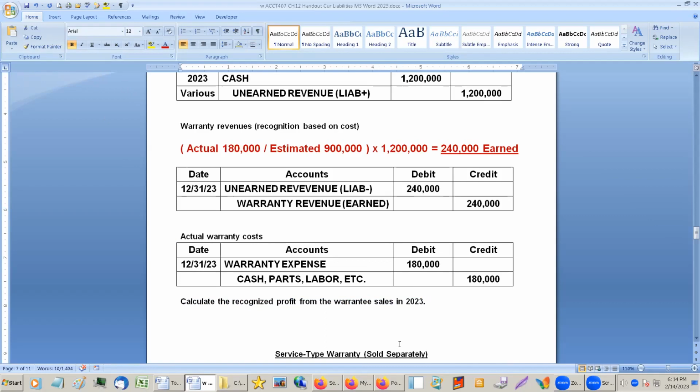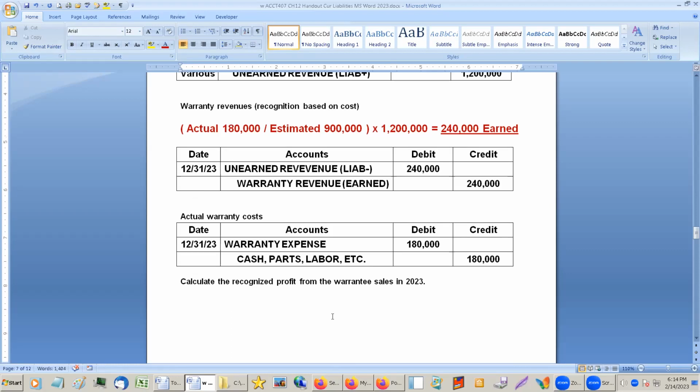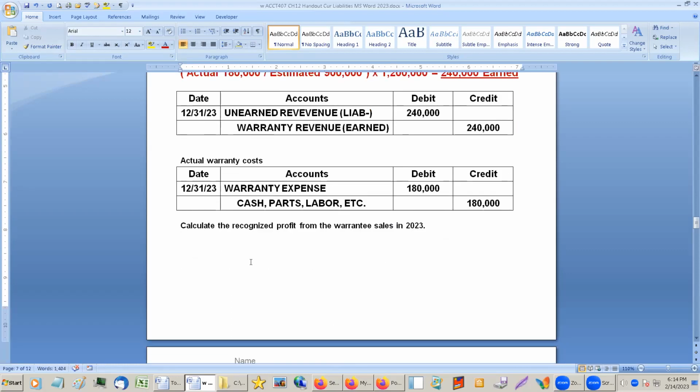Calculate the recognized profit. Okay, we would have. Well, why don't you guys tell me, how much would we have in recognized profit for this? Remember, this is gonna be revenues minus expenses.